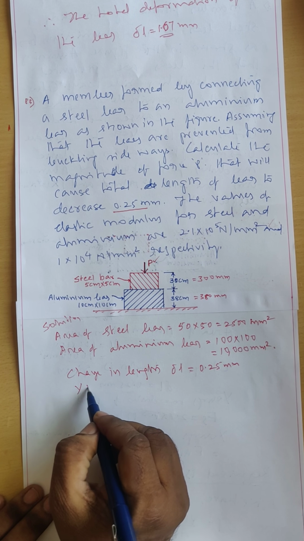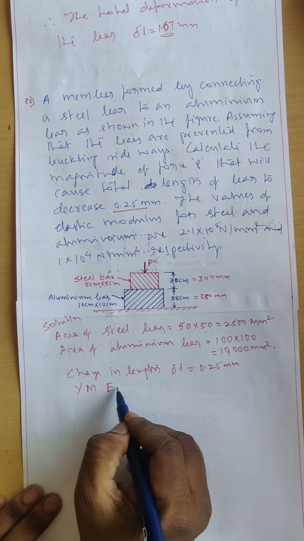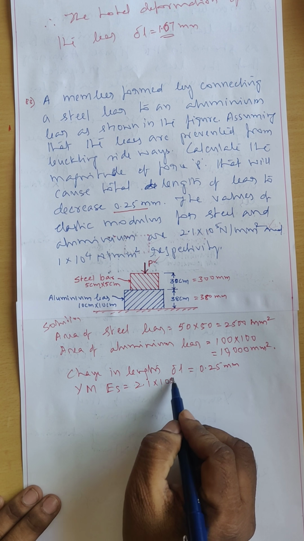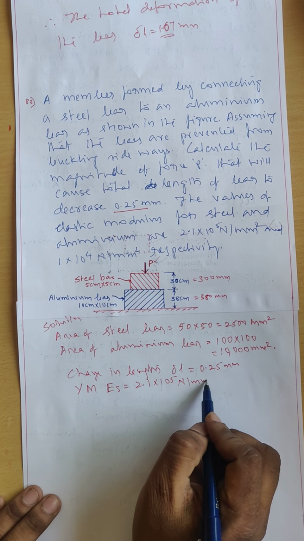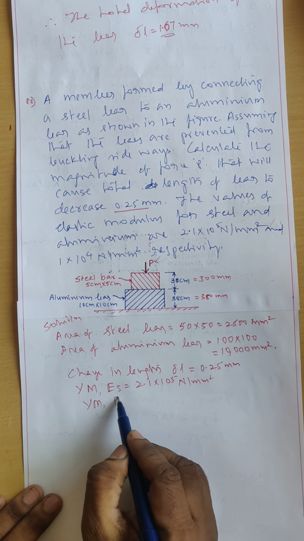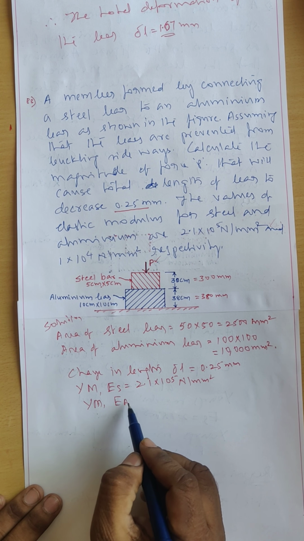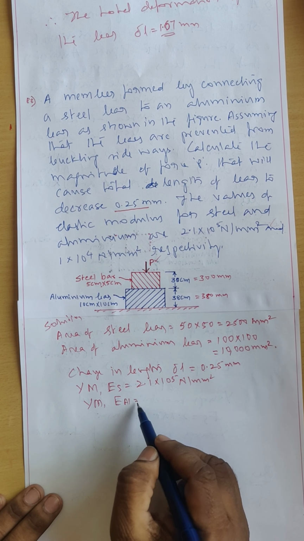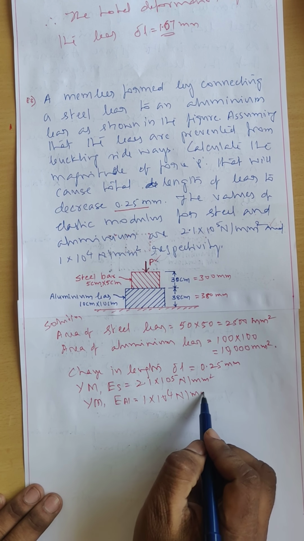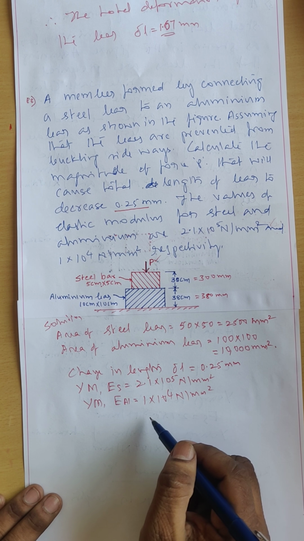Young's modulus for steel is given, that is ES, 2.1 into 10 to the power 5 Newton per millimeter square. Young's modulus for aluminium, EAL, is given, 1 into 10 to the power 4 Newton per millimeter square. What is required?